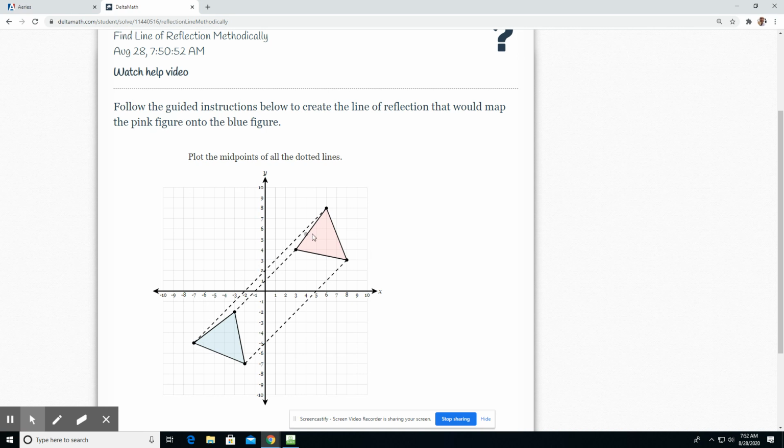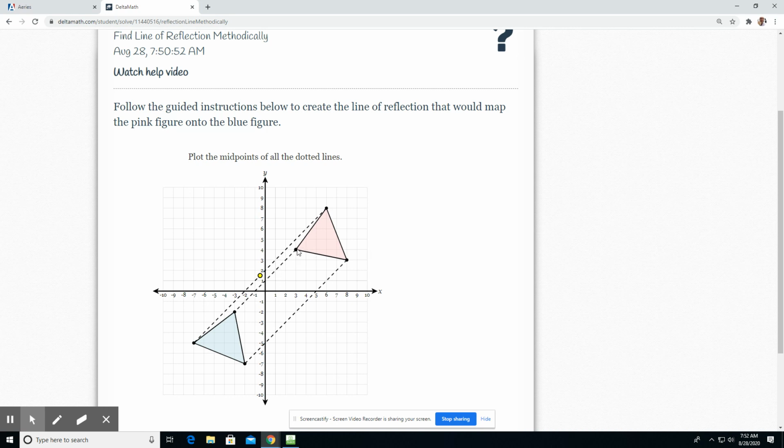Half of 13 is 6.5, so we're going to be in the middle of one of these. So 1, 2, 3, 4, 5, 6.5. I found it right there.